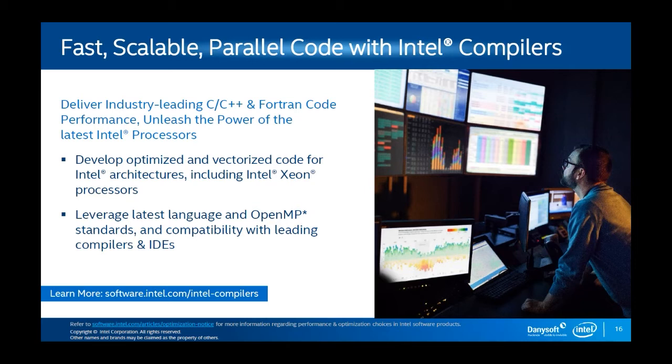Among the main improvements are the exploitation of the different levels, as I mentioned before, from vectorization, and also the thread-level parallelism in the multi-core by means of OpenMP. And all these parallelism levels will be available by using the Intel compilers.